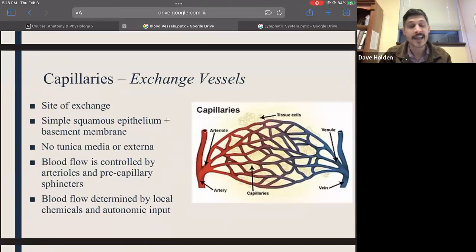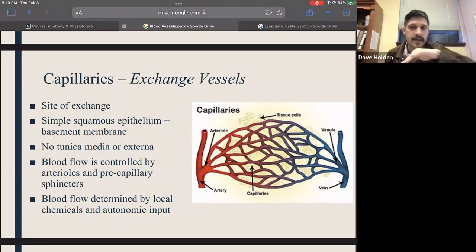Capillaries. Capillaries are the site of nutrient and other material exchange. We say blood carries oxygen to the body. This is where we actually do the offloading of the oxygen and the onloading of carbon dioxide. It happens in the capillaries. We have a simple squamous epithelial layer combined with a basement membrane, just a wallpaper, guys.